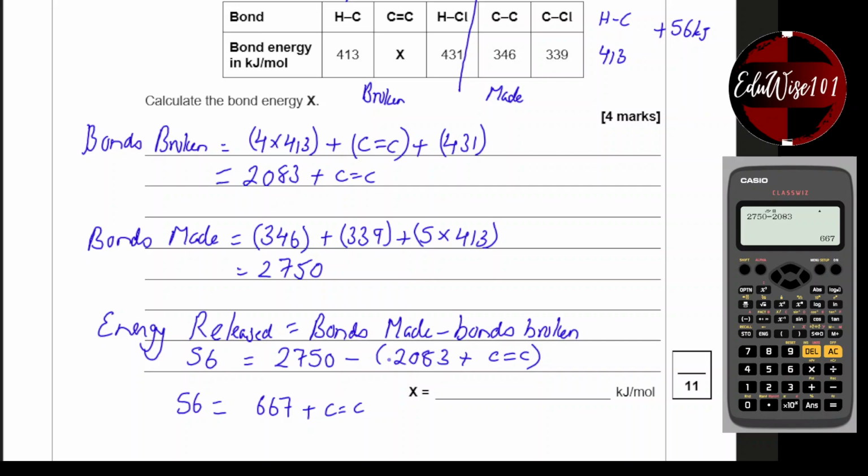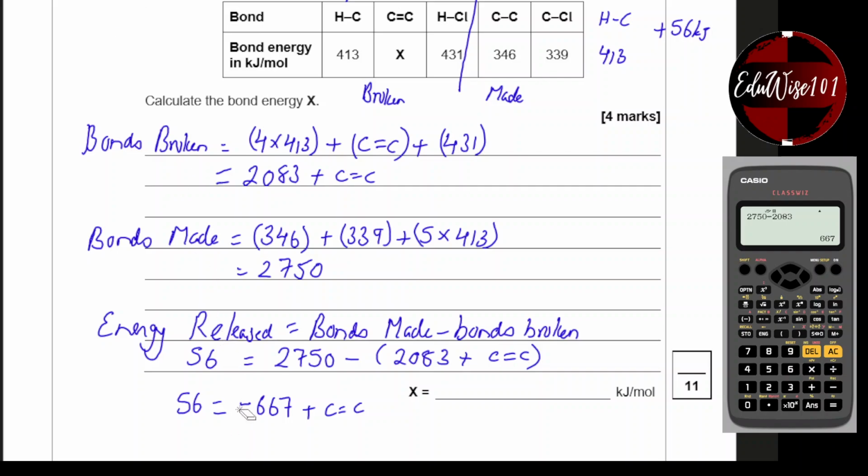Now that carries a negative value, doesn't it? Sorry, let me rewrite that again.